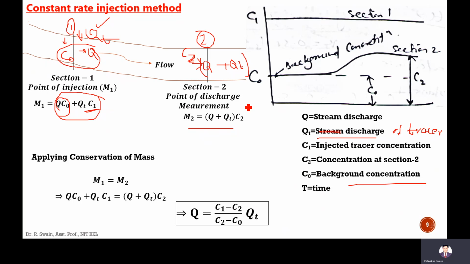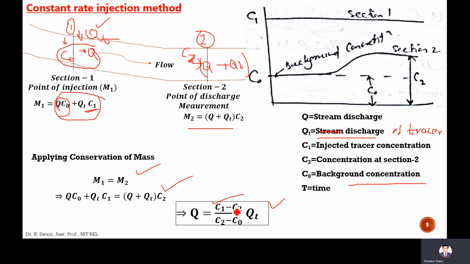If you apply conservation of mass, then M1 must be equal to M2. So Q C naught plus QT C1 should be equal to (Q plus QT) into C2. If you simplify, we get Q equal to (C1 minus C2) divided by (C2 minus C0) into QT. Like this, the discharge is measured.